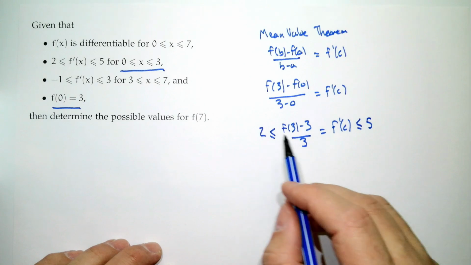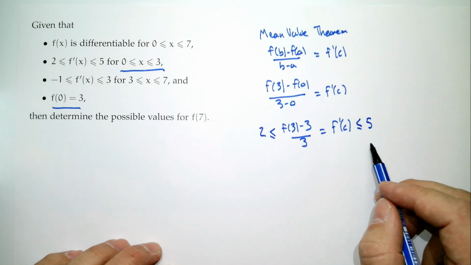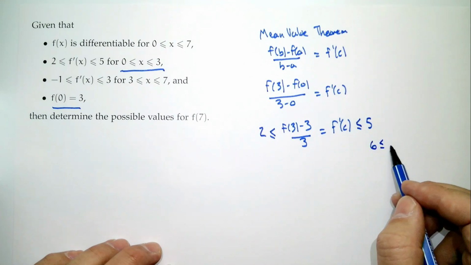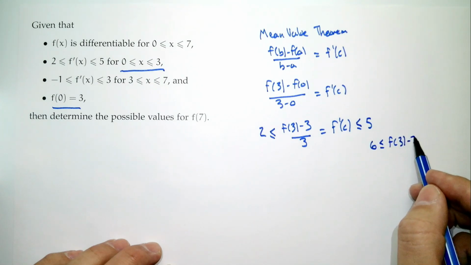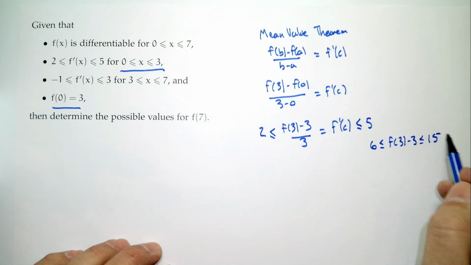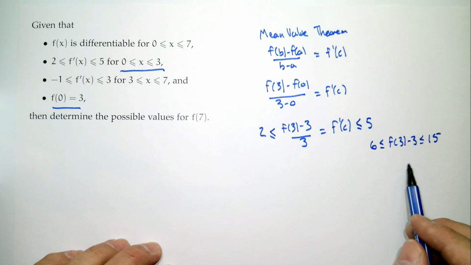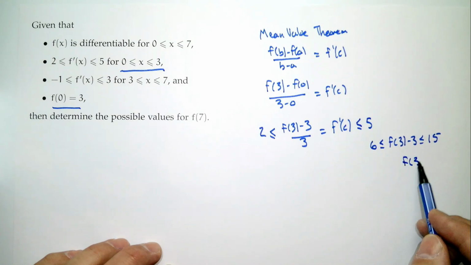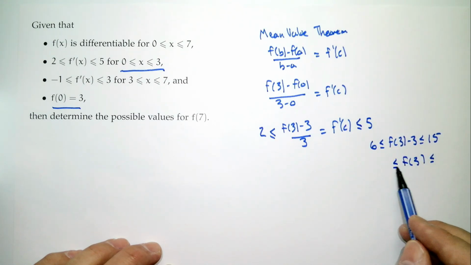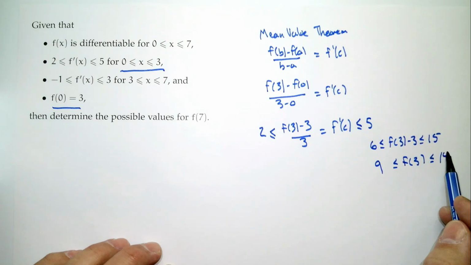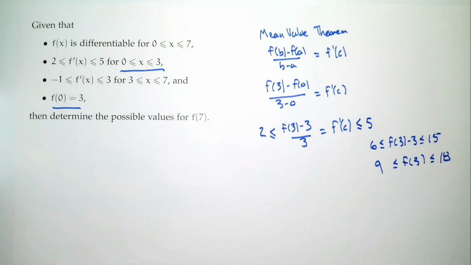So what do we get? Well, if we clear out the 3, we'll get 6 is less than or equal to f of 3 minus 3 is less than or equal to 15. Or we can say that f of 3 is between 9 and 18. So we can control what's happening.